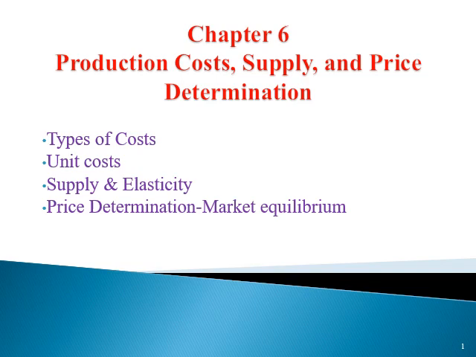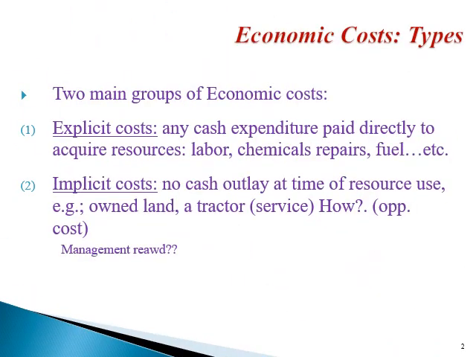Now, what about costs? In economics, we have different classifications of costs. One of these classifications classifies costs as explicit and implicit. Explicit, as it says here, is any cash expenditure paid directly to acquire resources such as labor, chemicals, repairs, fuels, whatever.